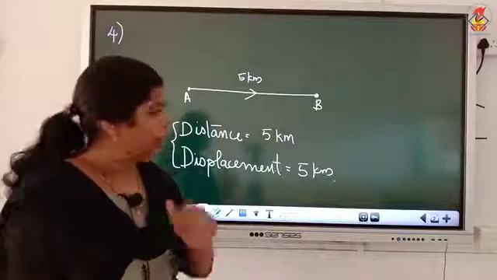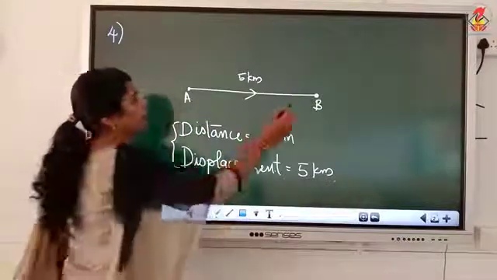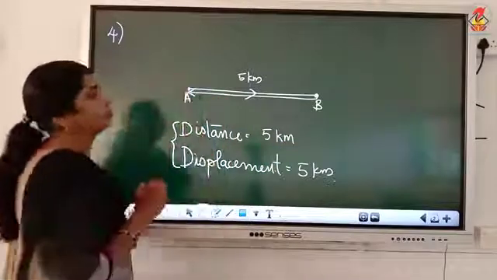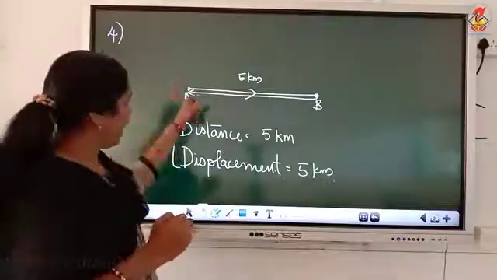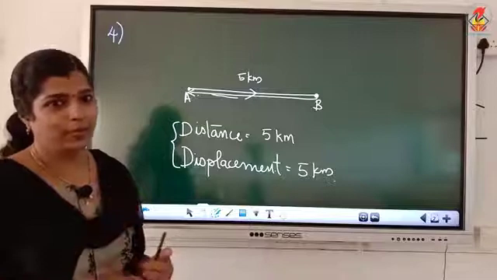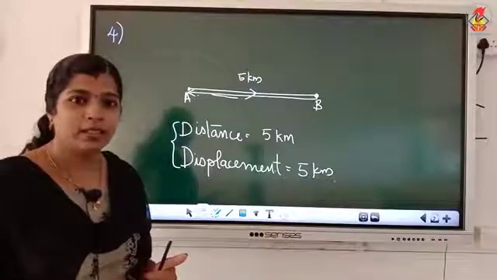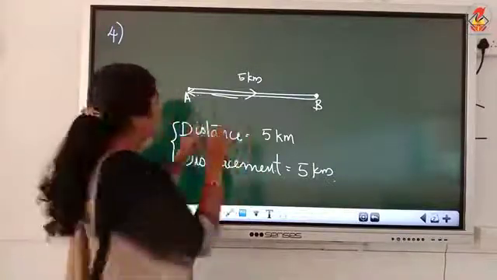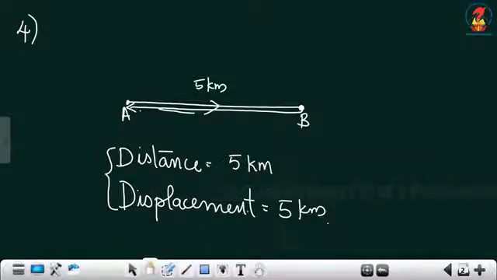Then one more example, the same thing, and it reaches back here. The object starts from A, reaches the point B and returns to A itself. Now, what is the distance travelled and displacement? For distance travelled, you need to add from A to B, what is the distance, plus from B to A, what is the distance.